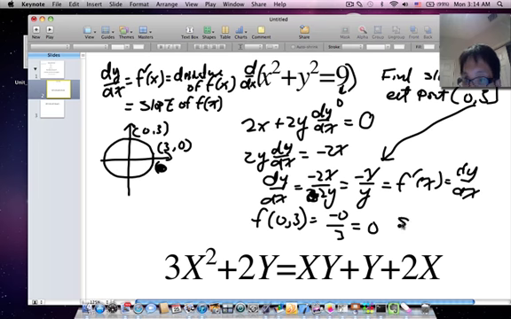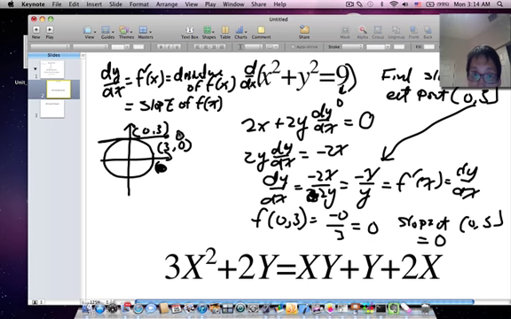So the slope at (0, 3) is equal to 0. Does that make sense? If we draw a tangent line, which gives the slope at a moment, the tangent line at this point is flat, so it's equal to 0. So we know that's the right answer.